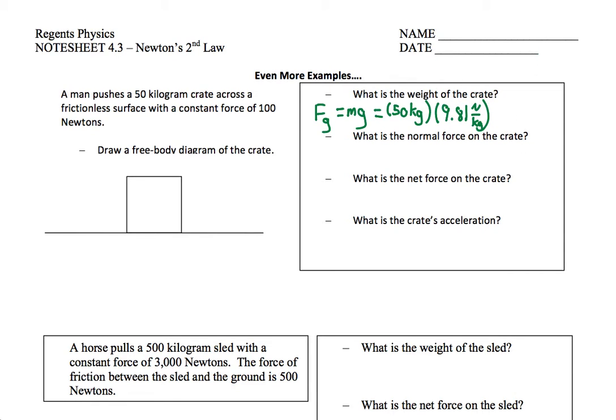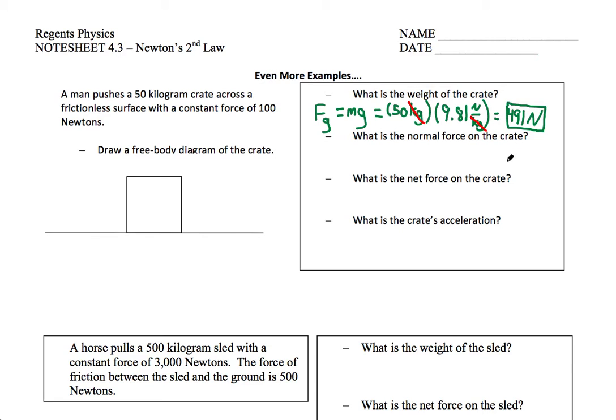And you'll see right off the bat that this kilograms is in the numerator, this kilograms is in the denominator, those cancel. That's a good sign, because I'm looking for a force overall, the force of gravity, and I'm just left with newtons here. So the 50 times the 9.81 gets me 491 newtons. So that is the weight of the crate. It's also the force of gravity on the crate.